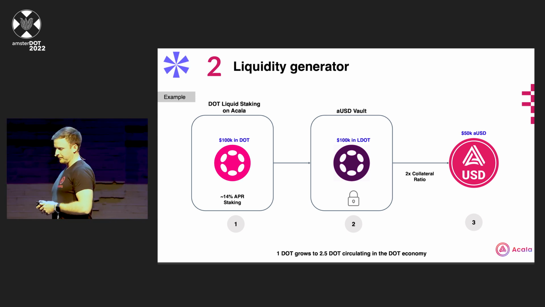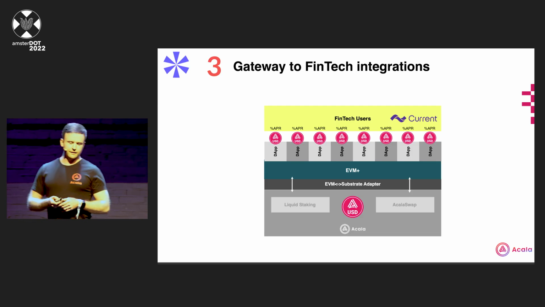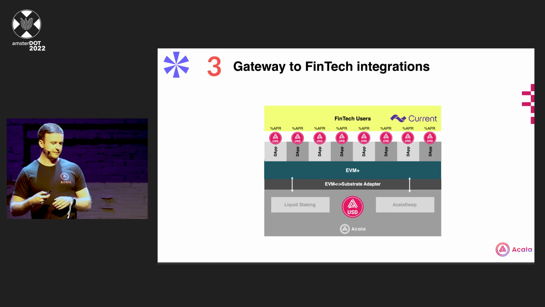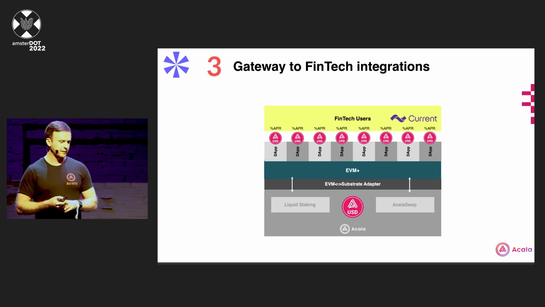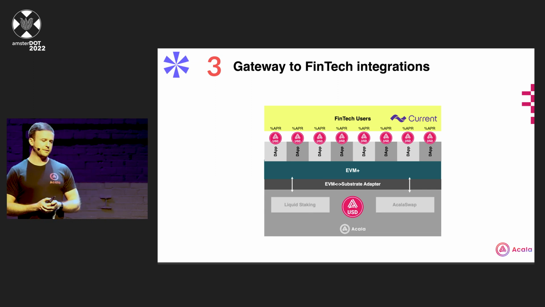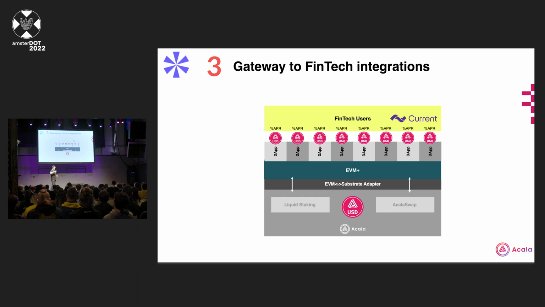And then third, this is an integration that we've been talking about for the last year or so. We will have significant updates this year. We're working with Current in New York, a fintech neobank traditionally doing savings products, which is actually going to make a big move into crypto soon. What this fintech layer that we offer allows Current or any other fintech to do is plug into the APYs, or the returns or yields, coming from any dApp built on Acala.